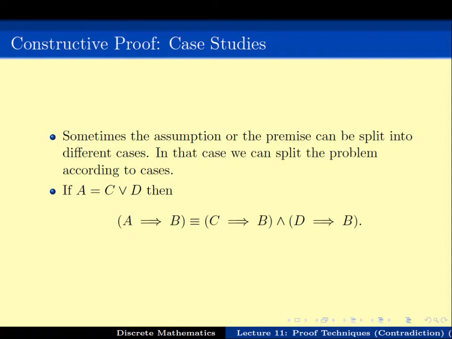In other words, if A is written as C or D, then A implies B is the same as saying C implies B and D implies B. And the main trick here is to split A into two cases or three cases or whatever number of cases, such that C implies B and D implies B are easier to prove.